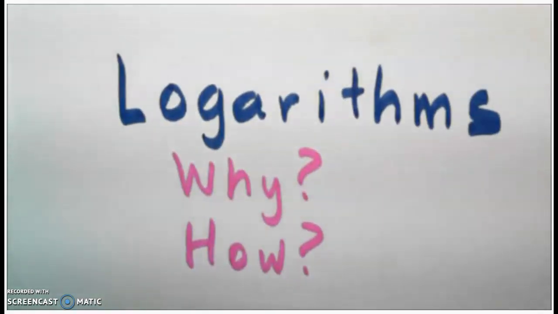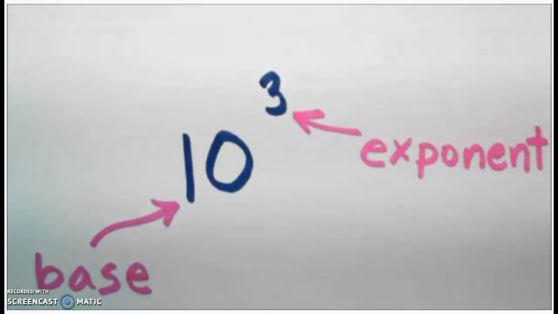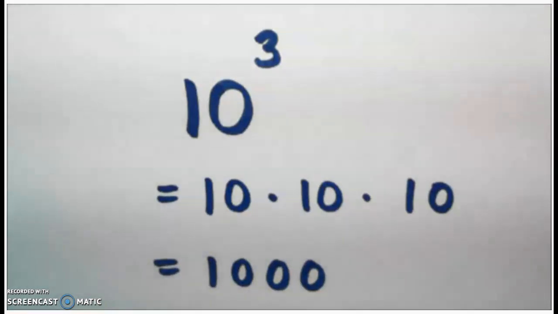But how do you calculate them? Remember, 10 to the third, in that expression, 10 is the base, and 3 is the exponent. 10 to the third is a shorthand way of saying 10 times 10 times 10. 10 to the third is 1,000, because 10 times 10 times 10, 10 multiplied by itself with a total of 3 factors of 10, 10 to the third is 1,000.